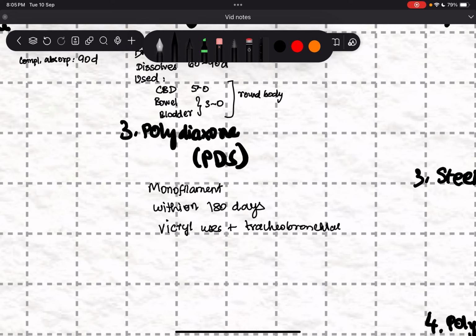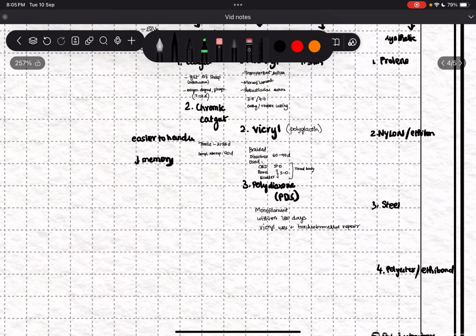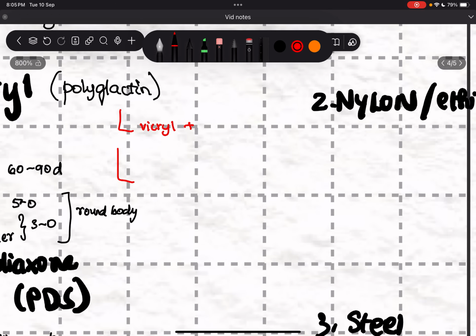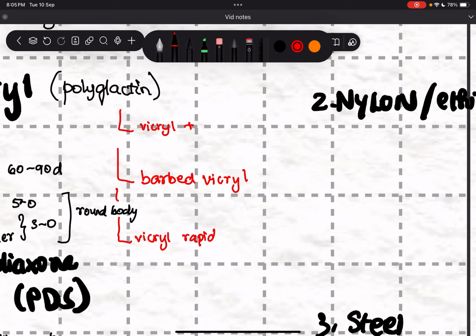This vicryl has also got further subclassification within them, like there are special types of vicryl. Vicryl plus, barbed vicryl, and vicryl rapid.